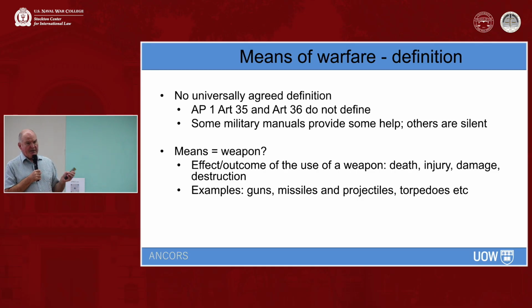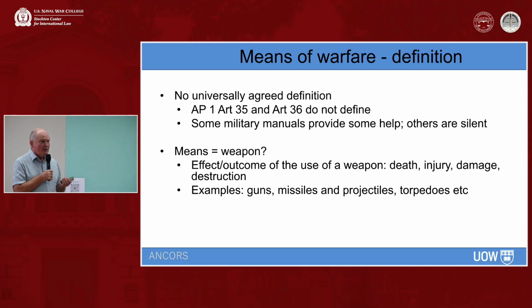We're not going to go into the detail of every type of shell or every type of missile or mine, but we'll look at some of the common ones, how they're used and the lawfulness of those weapons themselves. So guns, missiles, rockets, other projectiles, torpedoes, all of those are examples, and it's the effect that we're primarily concerned with.